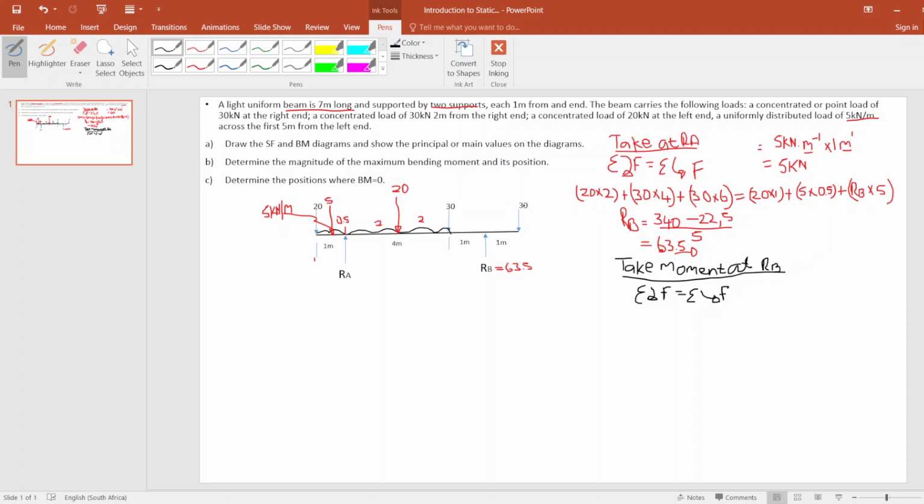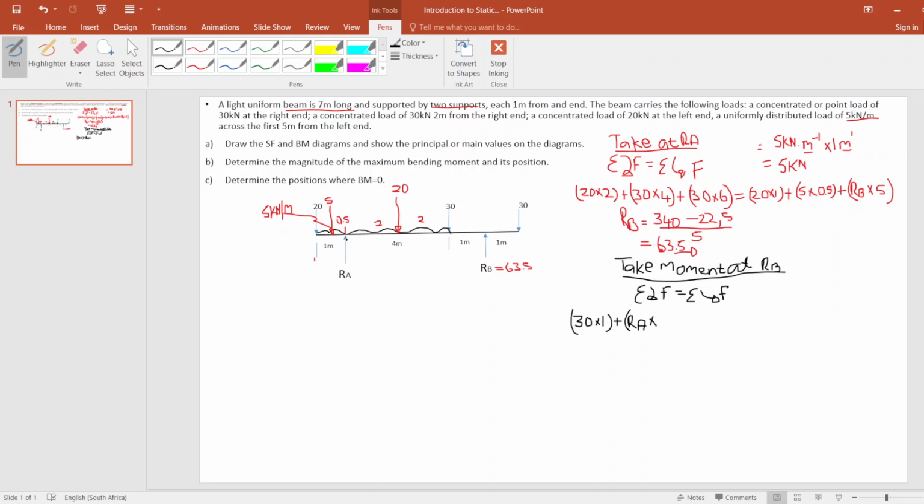I'm having 30 multiplied by 1 plus another one, it is RA multiplied by the distance from where RA is to where RB is, it is 5.